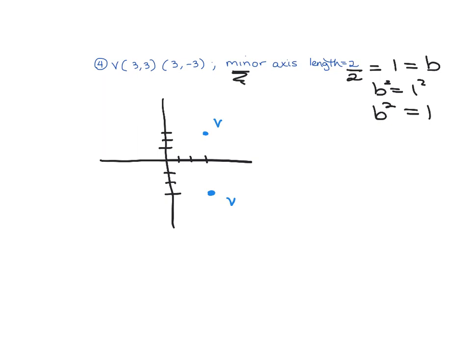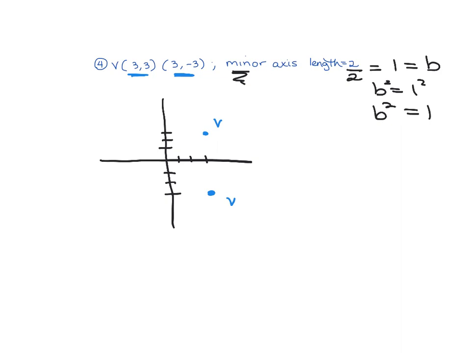Now, remember, your center is going to be the midpoint, or it's in the middle of the two vertices. So we have two options here. We can either use the midpoint formula, where we would add the x's, divide by 2, add the y's, divide by 2 to get the coordinates of the midpoint, or you could just count.